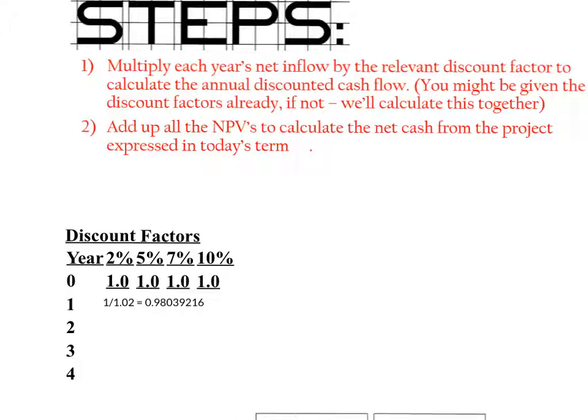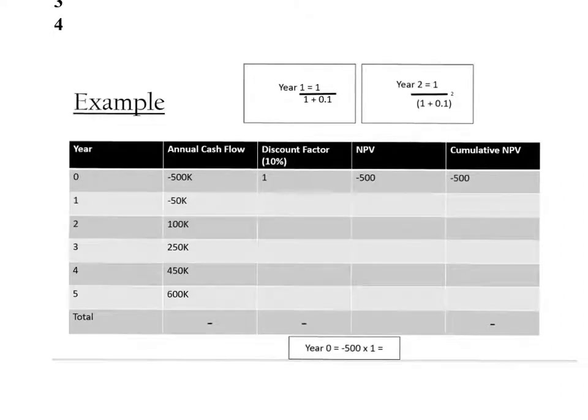So let's put this into practice in the example below. We've been given the discount rate, which is 10%, and we've been given the annual cash flow for each year. I know 10% as a decimal is 0.1. So I've done 1 divided by 1.1 equals 0.909, and that's rounded to 3 decimal places.